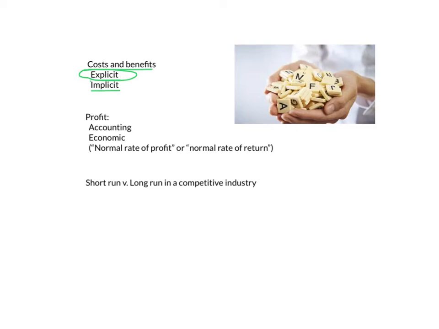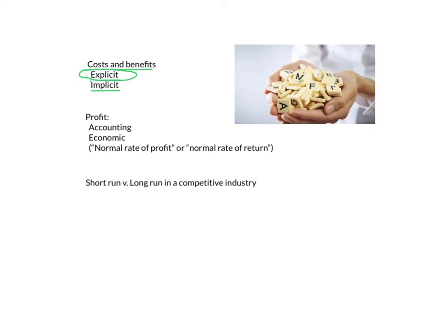We can see money change hands. We know that a cost was incurred. And likewise, a benefit, if we're talking about economic relationships, if you're a producer and you sell a bunch of stuff and you get a bunch of cash in return, that's explicit, and money changes hands. We have no trouble measuring those types of costs, and they're important.